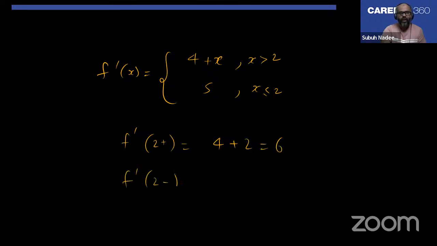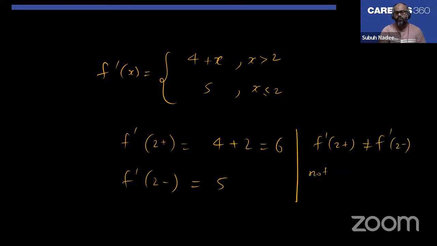And f dash 2 minus is equal to 5. So clearly f dash 2 plus is not equal to f dash 2 minus. So it is not differentiable at x equal to 2. At other points, it is differentiable.